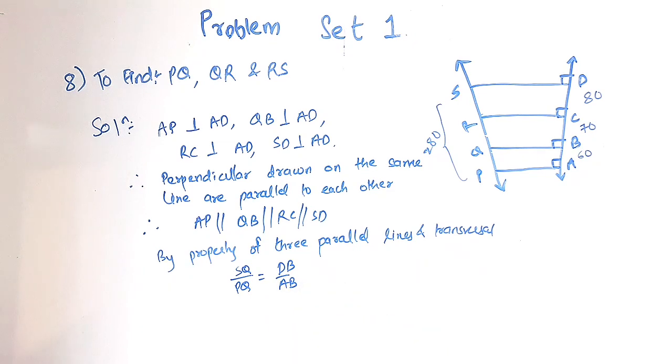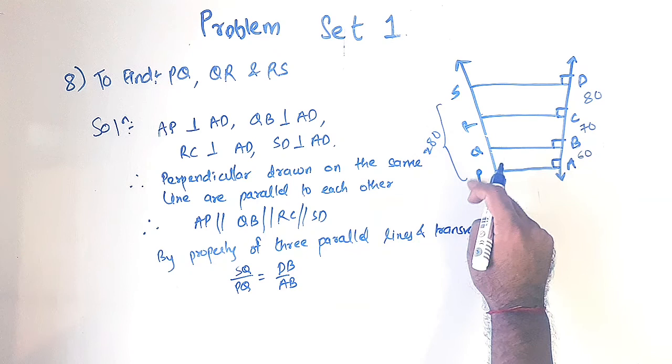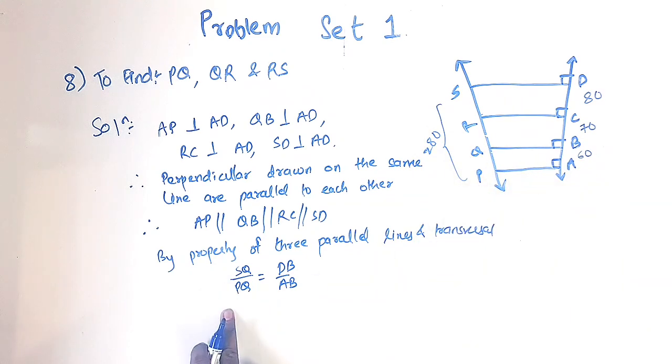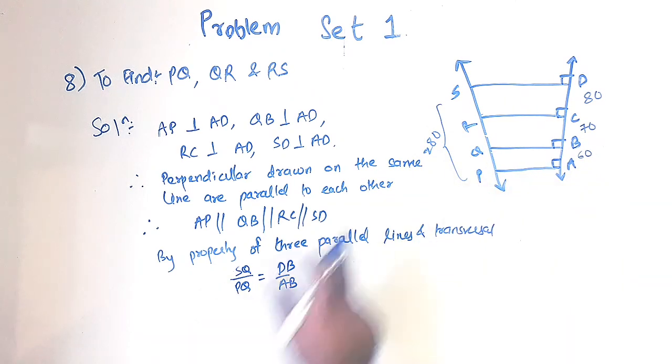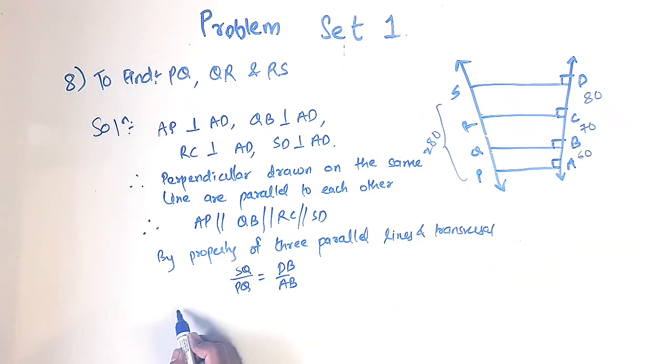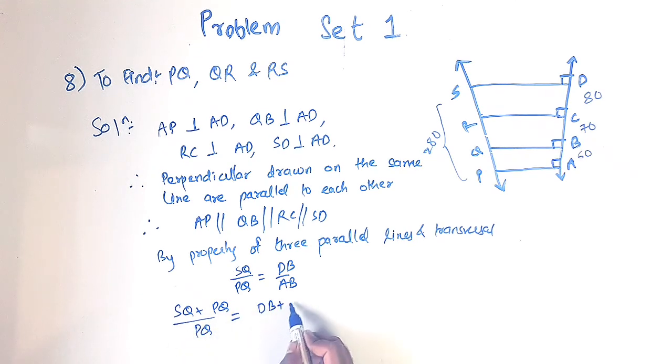Now I don't know SQ, I don't know PQ, but if I add this, then I know SP. So what will I do? I'll add, you know what is componendo, SQ upon PQ plus PQ by PQ is equal to DB plus AB by AB.